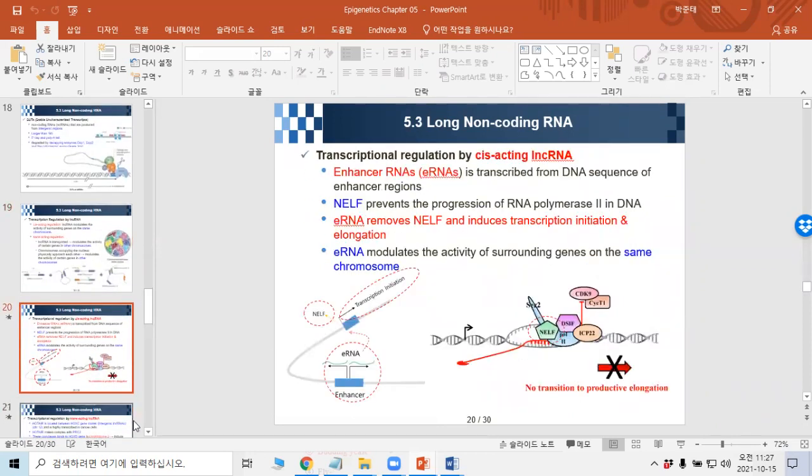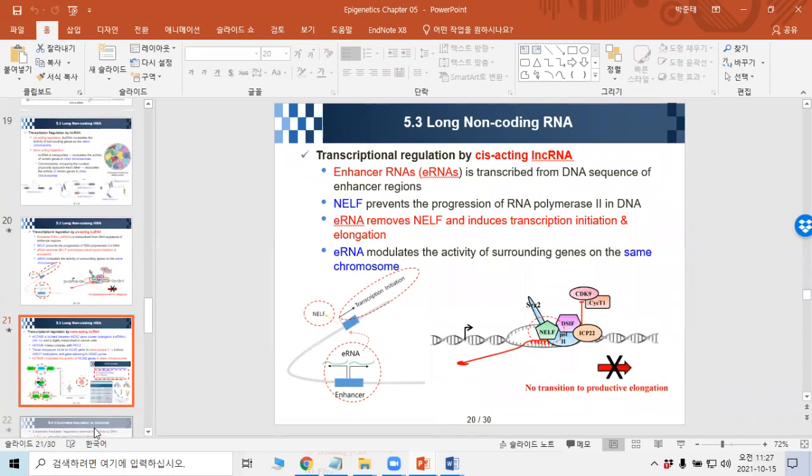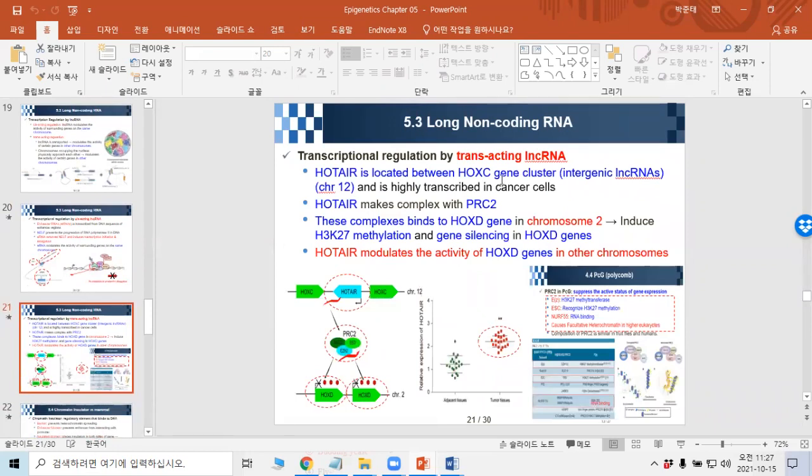And also there is transcriptional regulation by cis-acting long non-coding RNA, and also trans-acting long non-coding RNA. Especially, we can find transcriptional regulation by trans-acting long non-coding RNA in the Hox gene cluster. The HoxC gene is located in chromosome 12, and the HoxD gene is located in chromosome 2.